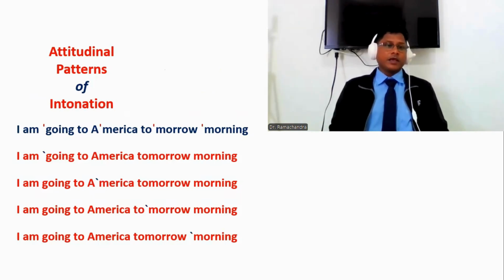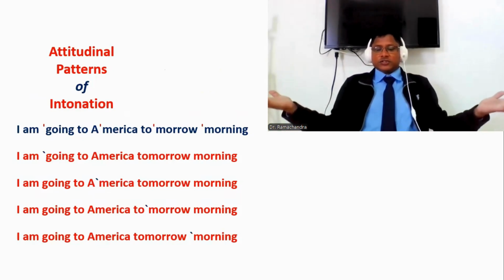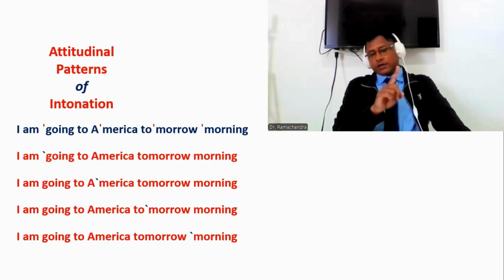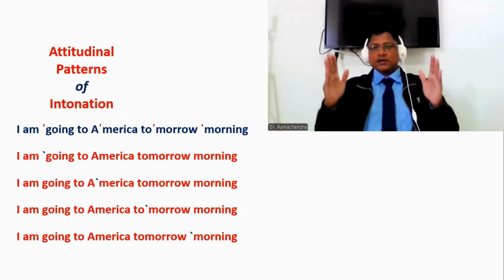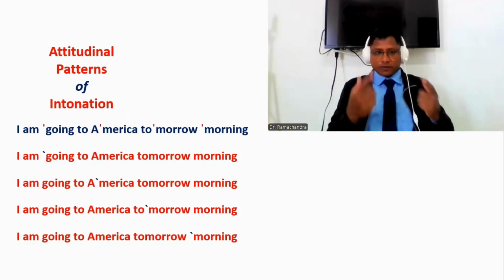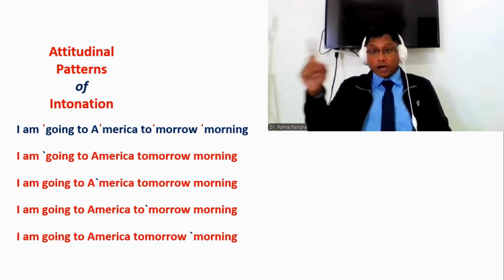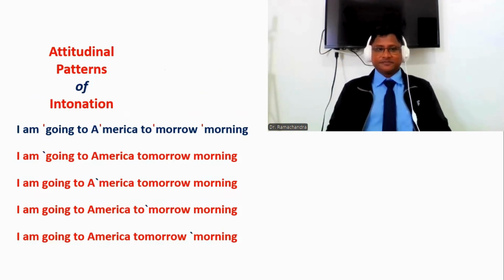Okay, now we look at how attitude changes. First we look at the blue also. I'm going to America tomorrow morning. That's the rhythm. But now we look at the tone, intonation. I'm going to America tomorrow morning. That means I'm going, but not staying. That is the intent of the speaker. The next one, I'm going to America tomorrow morning.